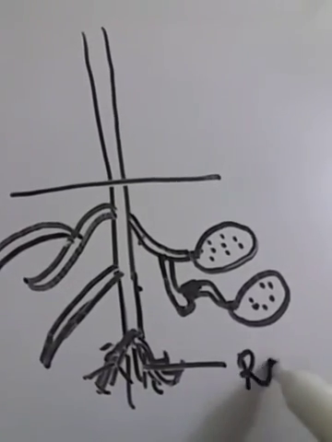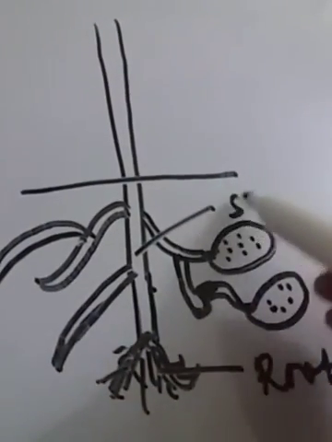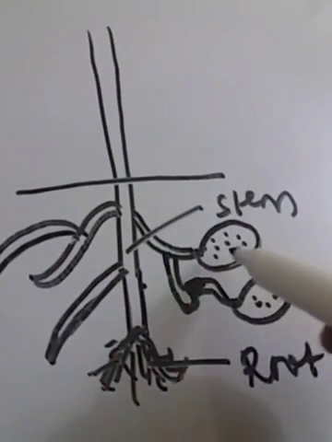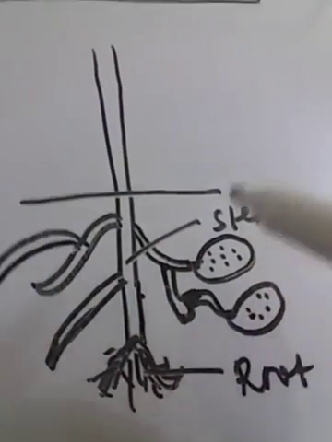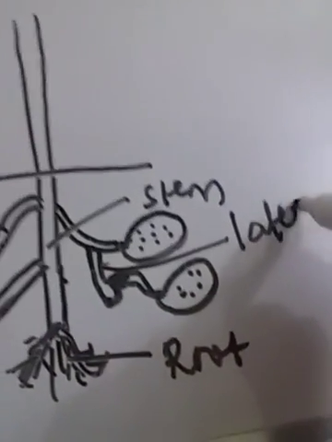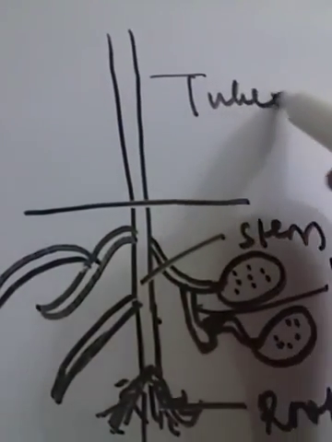This is the root, the stem, the underground part, and here we get the potato, and these are known as lateral branches. This is the diagram of tuber potato.